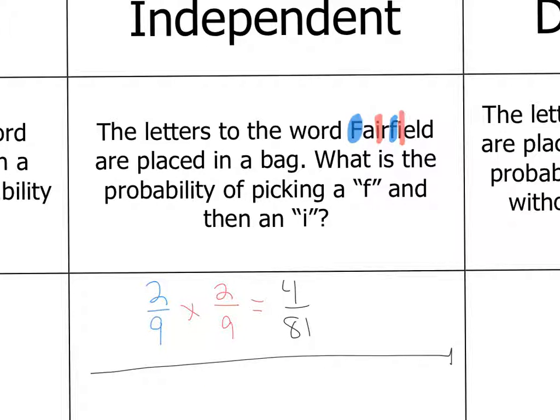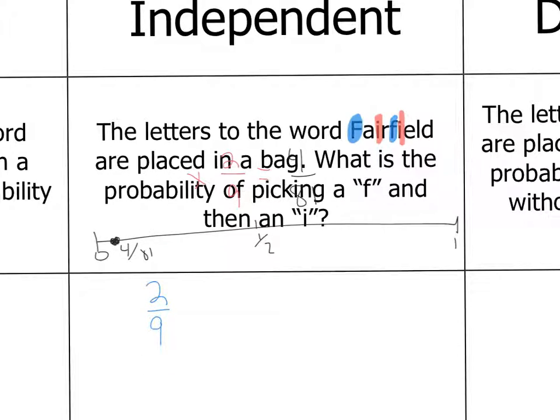And on our number line, between 0, 1/2, and 1. You can always change those to a decimal or a fraction to help you, but 4/81 is going to be pretty close to 0. 4 out of 81 times you would get an F first and then an I second.